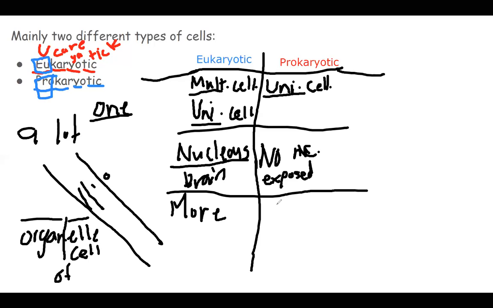Prokaryotic cells have fewer organelles, so they're not that complex, and it makes them have more weaknesses and work less as a machine. So next we'll be talking about the actual anatomy, the organelles, and the main functions of those organelles in a cell. So that will be in the next video.